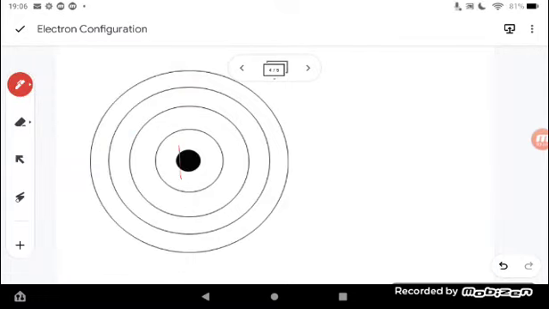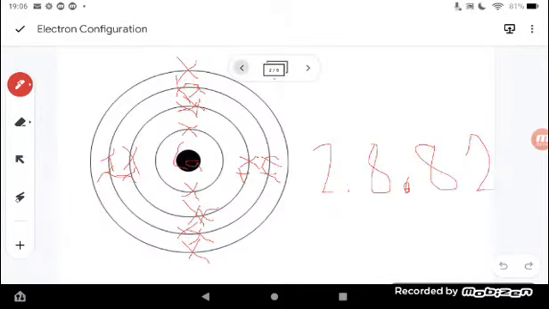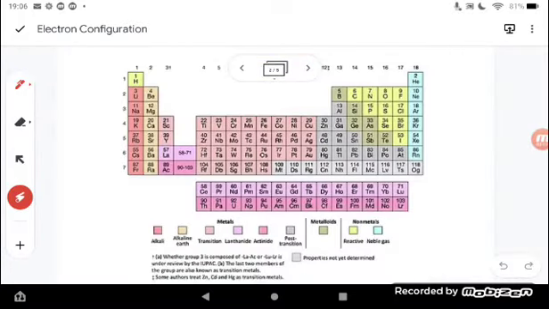So if we take phosphorus as an example, now going back to the periodic table, phosphorus is over here, number 15. That means it's got 15 electrons, unless it's an ion, in which case it will have a different number. But as far as atoms are concerned, it has got 15.